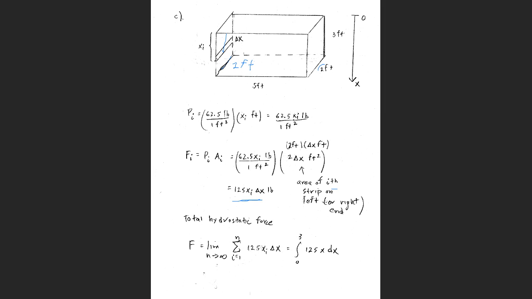Now to get the total hydrostatic force, you add up all the hydrostatic forces for each ith strip of the left side of the tank. And of course, if you make the strip smaller and smaller, the Riemann sum will be more accurate.